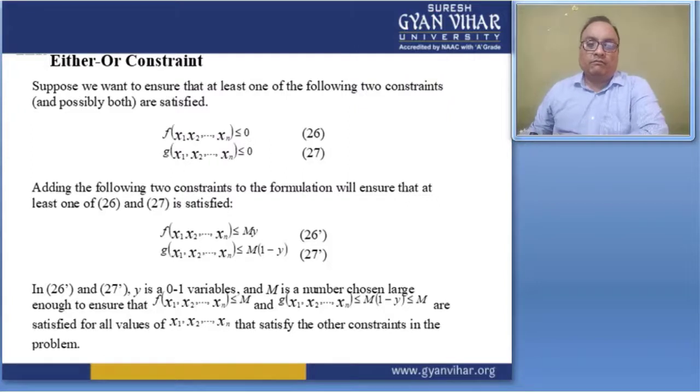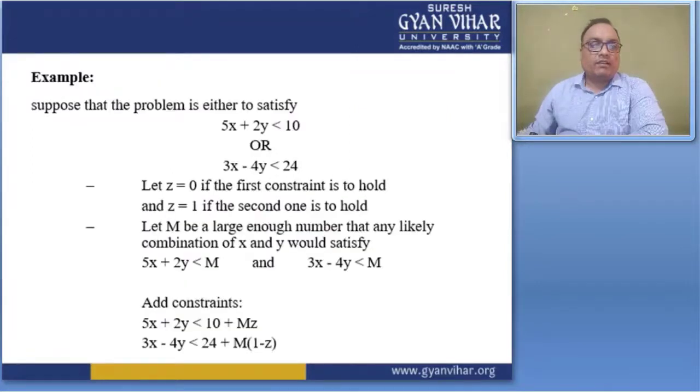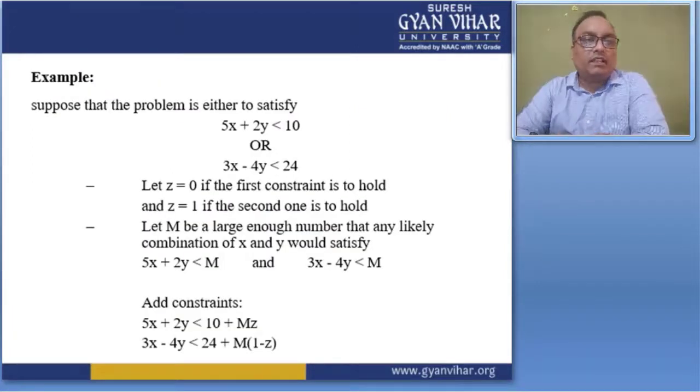Suppose the problem is to satisfy either one of two constraints: 5x plus 2y less than 10, or the second constraint 3x minus 4y less than 24. So let z equal 0 if the first constraint is to hold, and z equal 1 if the second one is to hold.